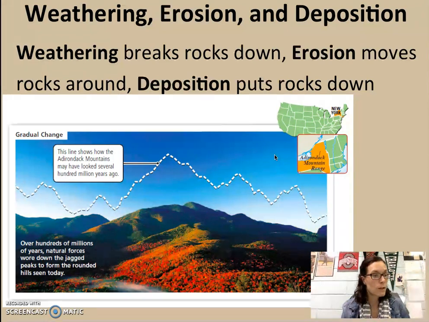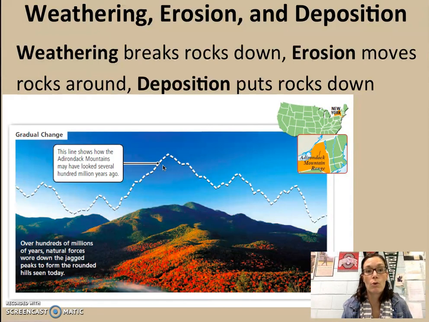Like the notes say here, weathering breaks the rocks down, erosion moves them, and then deposition puts the rocks down. I like this picture a lot because you can see a gradual change over millions of years. We wouldn't recognize a change in our lifetime.